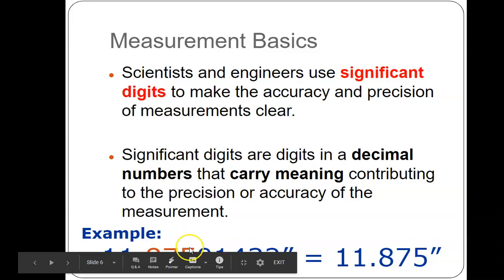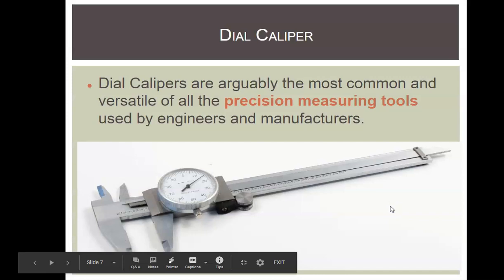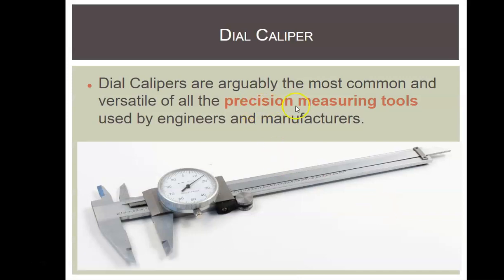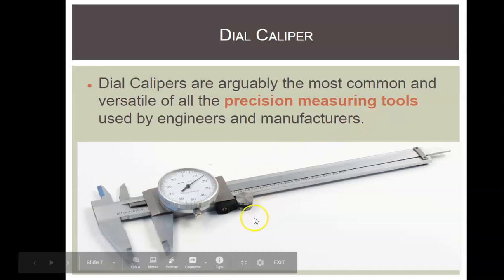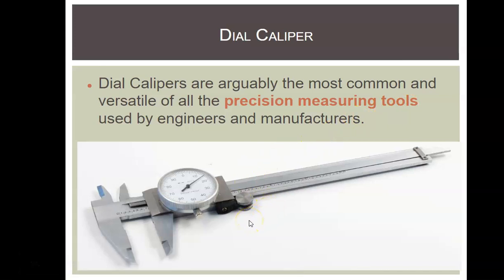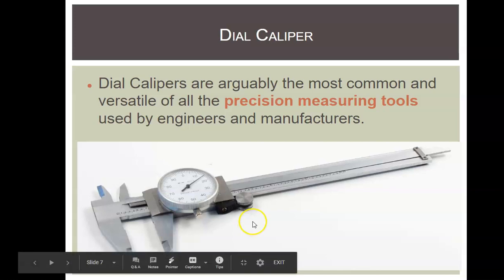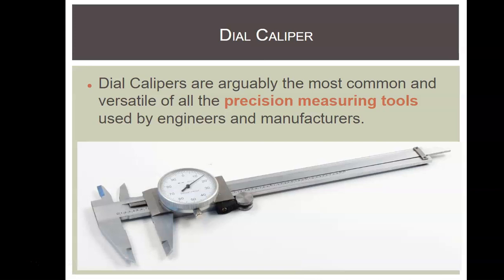We're just going to be rounding to the thousandths or measuring to the thousandths. We're going to be using a dial caliper, which is a precision measurement tool. It gives a very precise measurement, meaning it is very close to the answer, so it's accurate, and it's also going to give you the same measurement every single time.